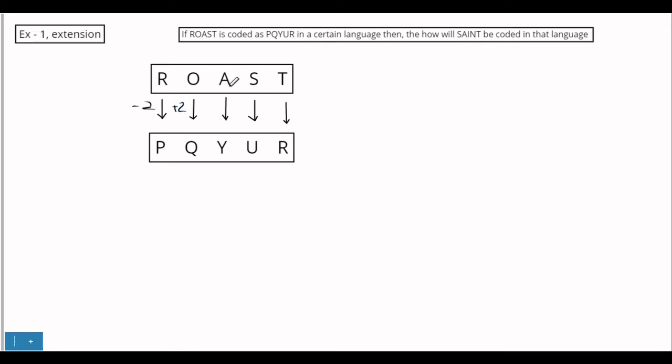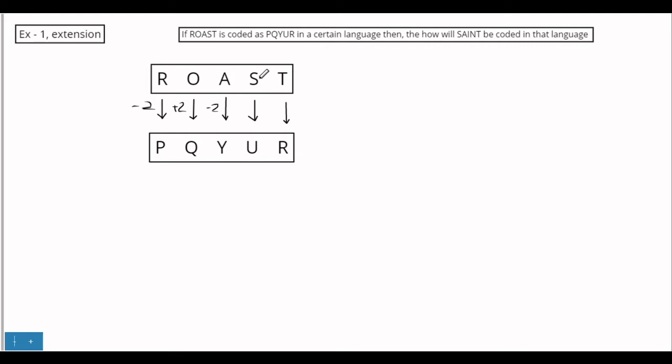Now if we keep going forward, here you'll see Y is technically before A because after the alphabet ends, it goes to A again. So it'll be Y, Z, A, which is again minus 2. So as you can see, it goes like minus 2, plus 2, minus 2.